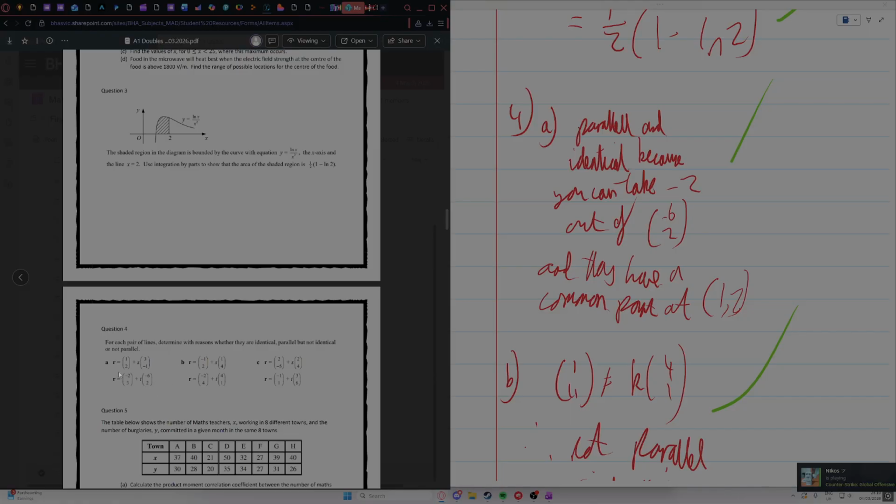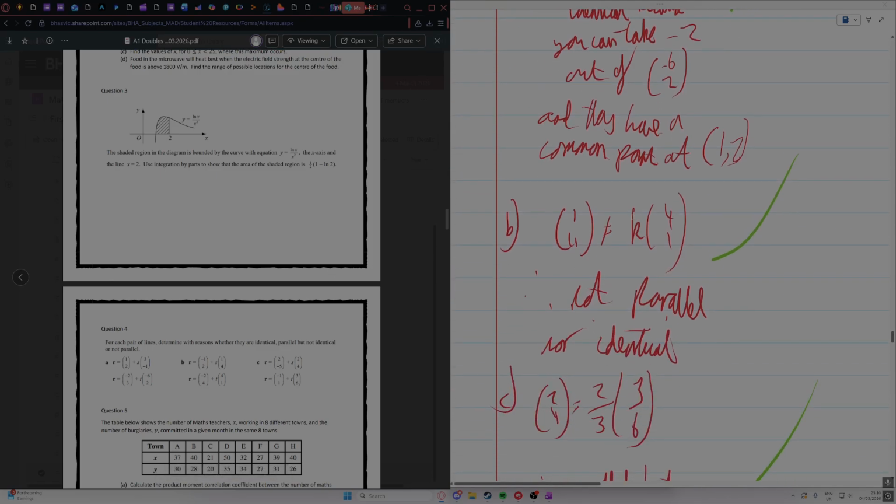But with this one, it will kind of mess up because this is identical, so all the points intersect at once. But if you just pick a random point, so obviously 1, 2 is here when s is 0, then you can set this one equal to 1, 2, and see if there's a t value where it works, which I did here, and that's how you prove that it's identical.